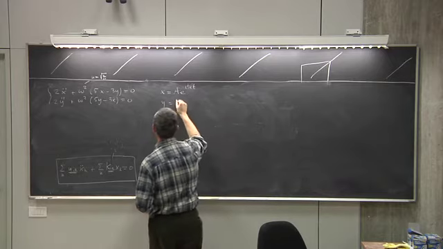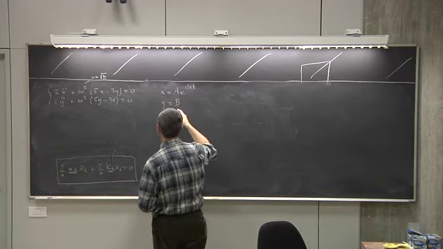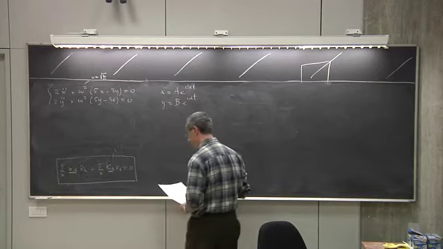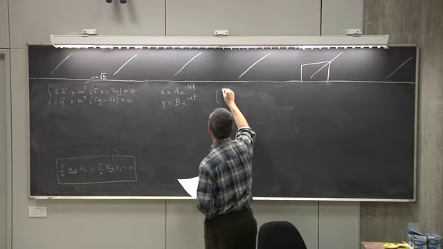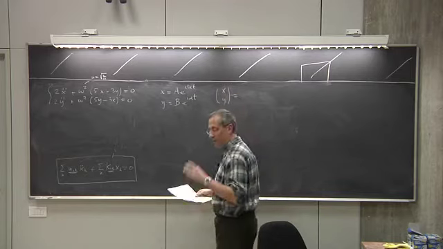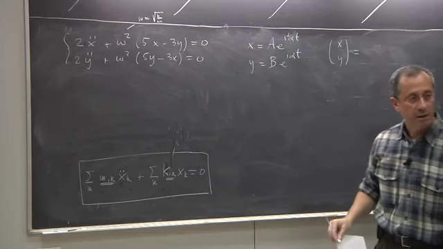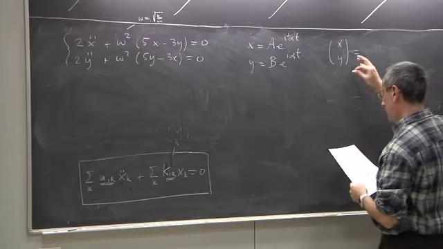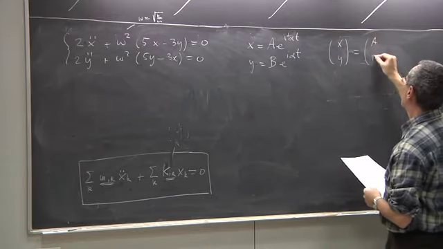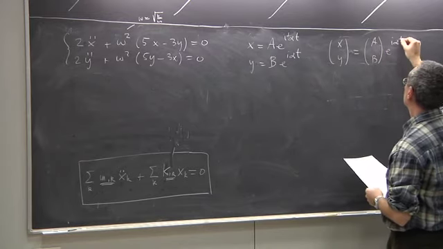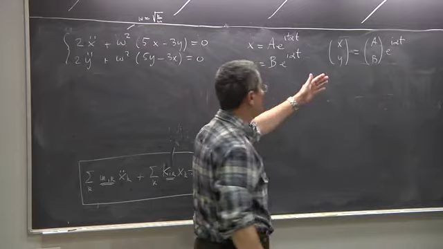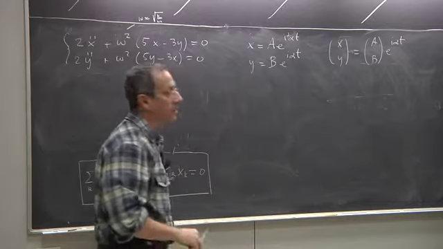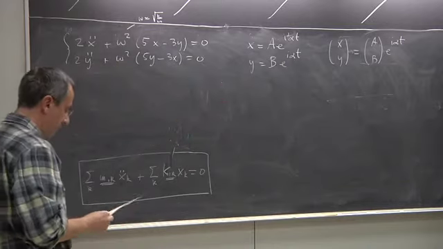So y is going to be, I don't know, b, because the amplitude may be different, but I put the same frequency of the motion. In fact, you can write this as a vector, so this should resonate with your linear algebra. The solution is a vector in this form. Some students prefer to think of this as a vector, some like this. It's exactly the same thing, obviously.